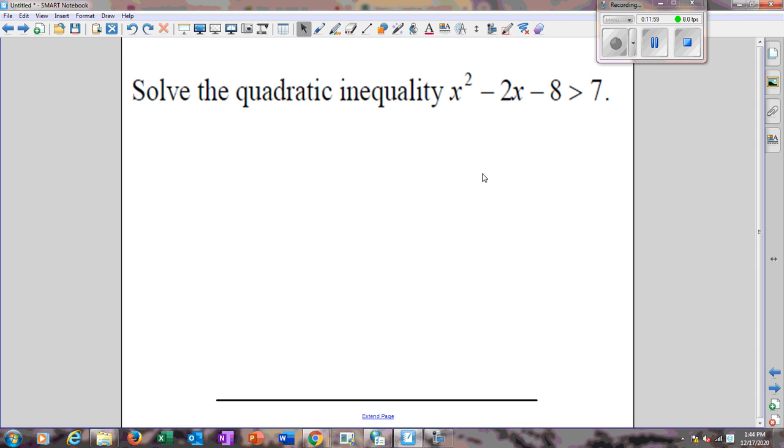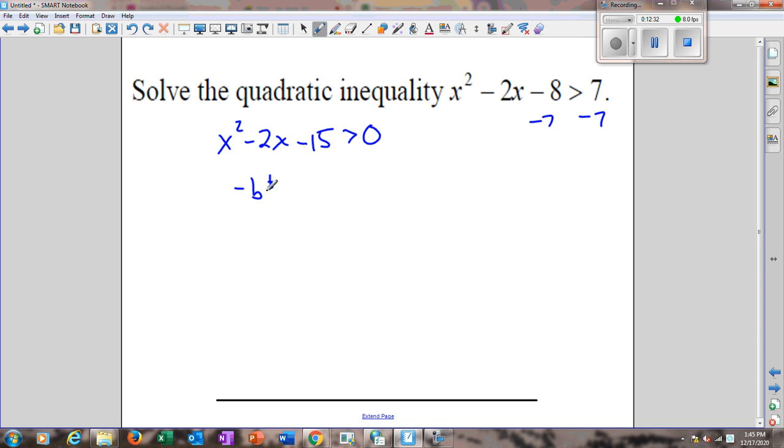The other way to do this one was to solve it algebraically. So I need to get everything on the same side. So I'm going to subtract the 7 over. It gives me x squared minus 2x minus 15 is greater than 0. And now I need to solve this. I'll use the quadratic formula.